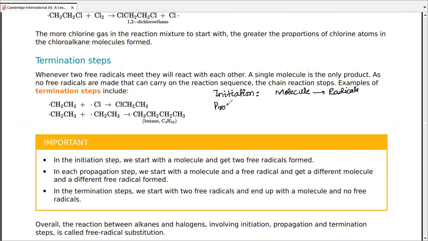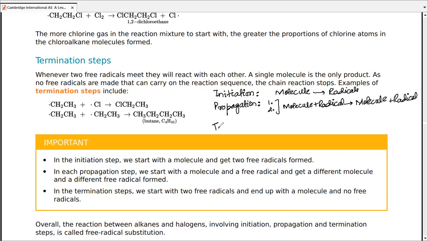If you look at propagation, although propagation was composed of two steps, both the steps had the same symmetry. Molecule plus radical gave you molecule plus radical.